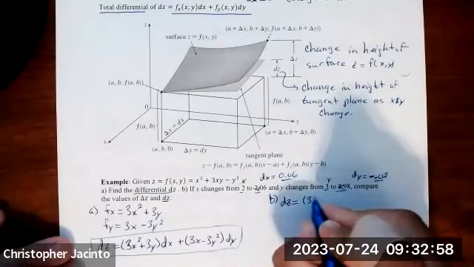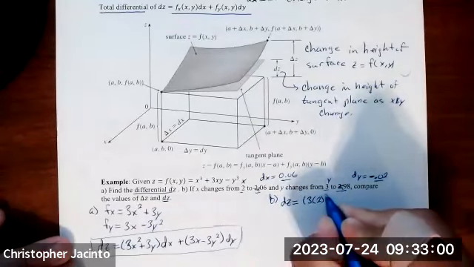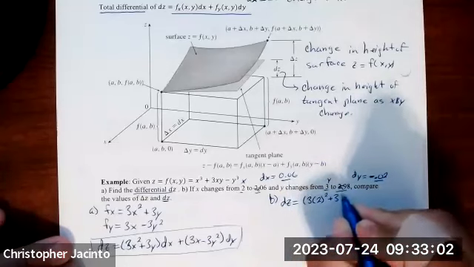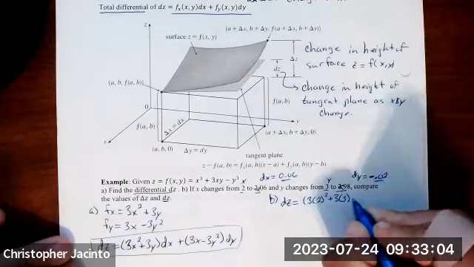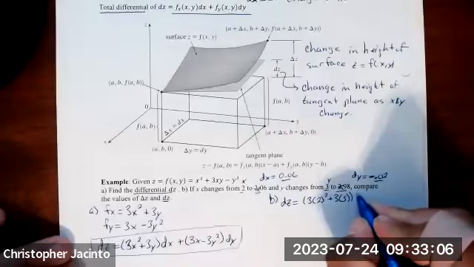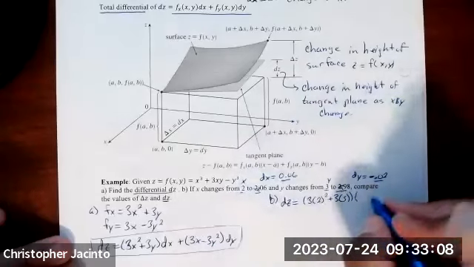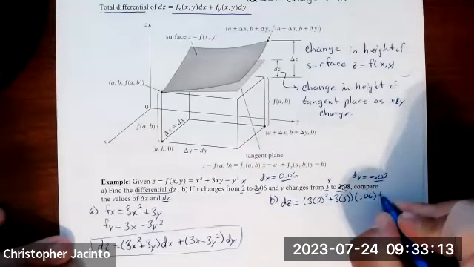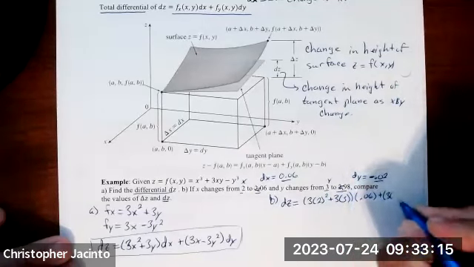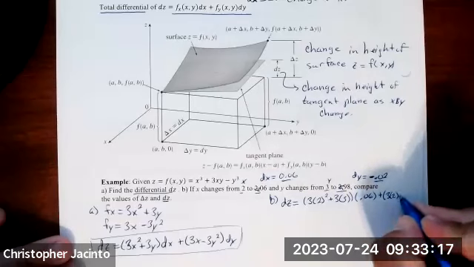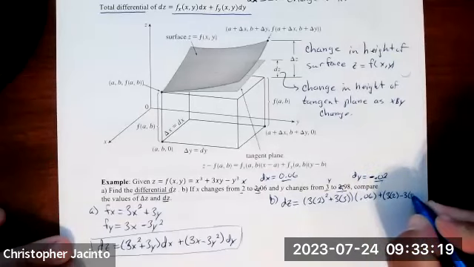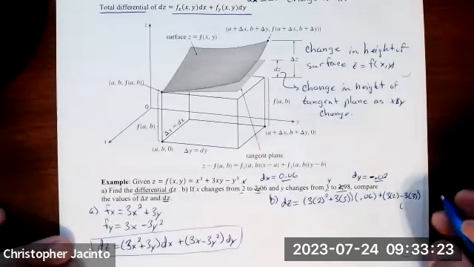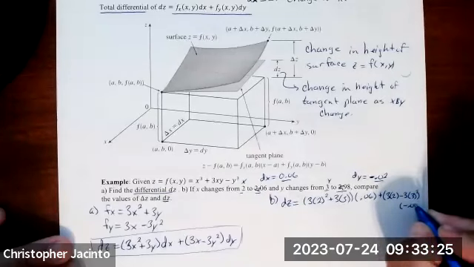It's going to be 3 times 2 squared, plus 3 times 3, times dx, which is 0.06, sorry, plus 3 times 2, minus 3 times 3 squared, I'm running out of space here, times negative 0.02.